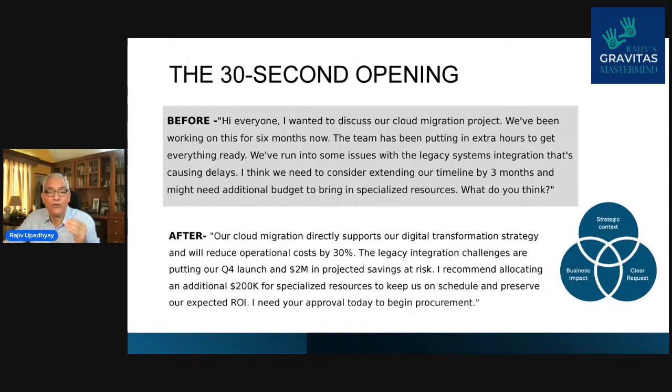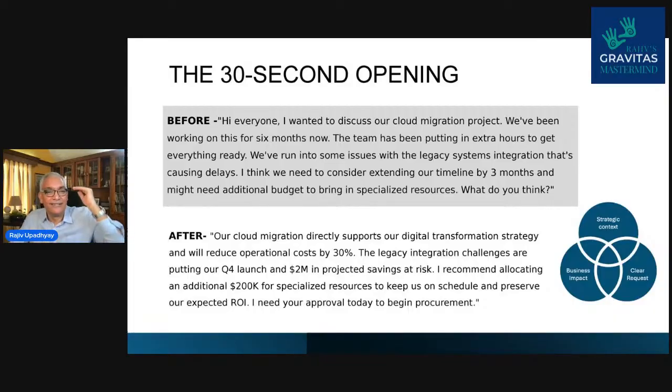Now, this is where you are not coming just with a problem. You are coming with a recommendation and a clear request: what I want from you is approval for taking these additional funds from here and putting them in this one, and preserve our expected ROI. That means we can stick to our budget and deliverables. "And I need your approval today to begin the procurement." A very, very clear ask.